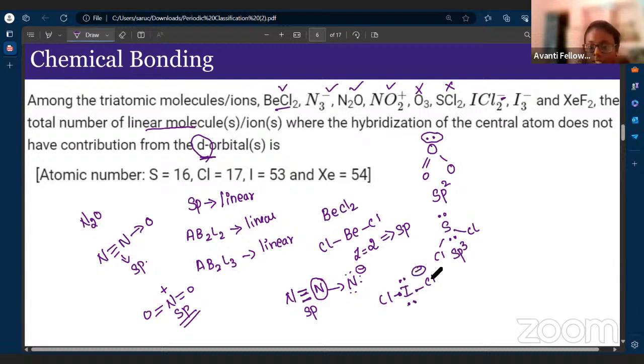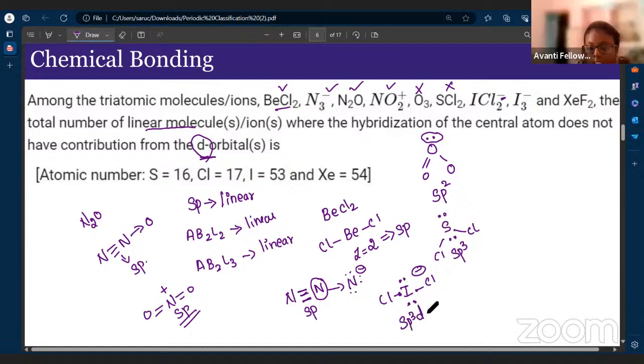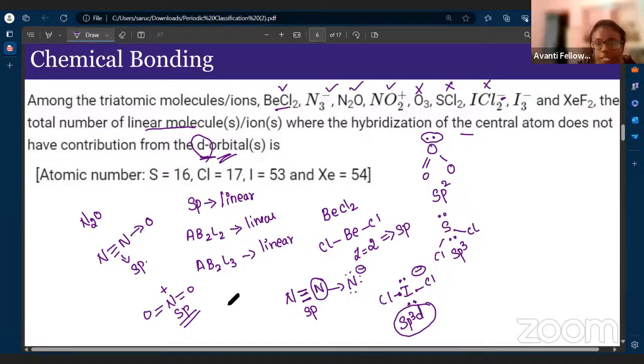So now what will be the hybridization over here? sp3d. But in the question, the central atom should not have the contribution of the d orbital. So will you consider this for the answer? Not considered. No. Okay.